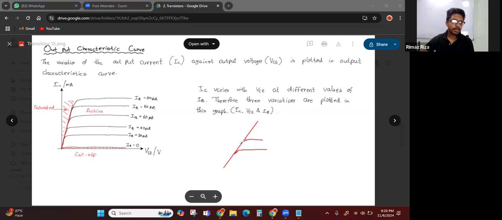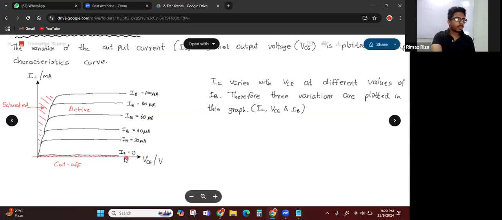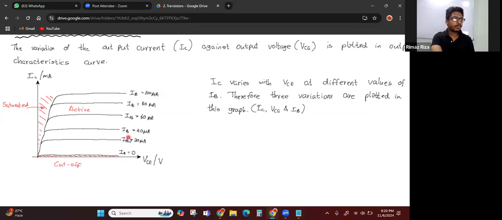It turns like this. So here IB equals 0, IB 20 microampere, 40 microampere, 60, 80, 100 microampere.